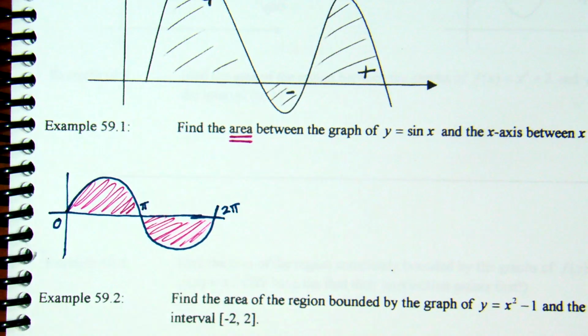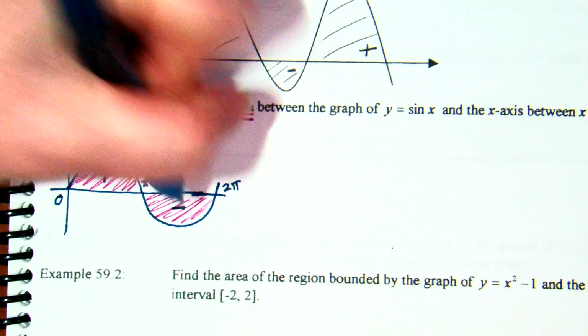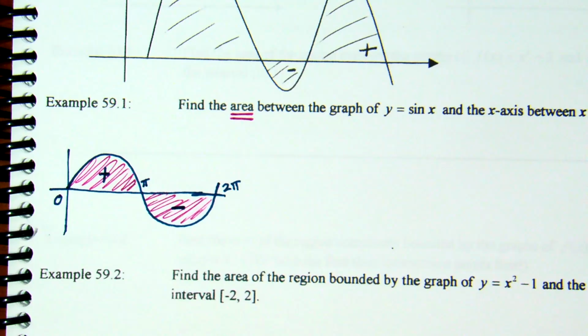The area above the x-axis, when we do the math, is going to work out positive. What about the area below the x-axis? It's going to work out negative. So if we just do the integral from 0 to 2 pi, they're going to cancel each other out.